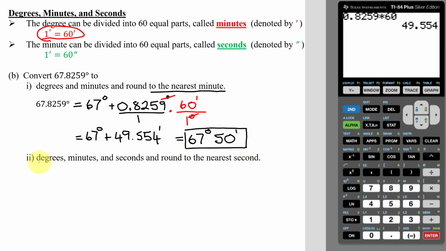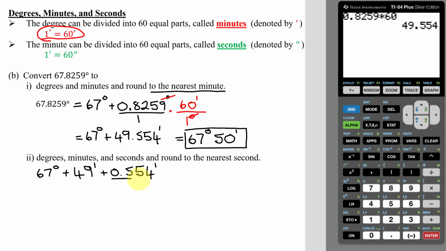Finally, I'm going to have to convert into degrees, minutes, and seconds. Well, half the work's already been done. I know I have 67 degrees plus 49 whole minutes plus 0.554 of a minute.